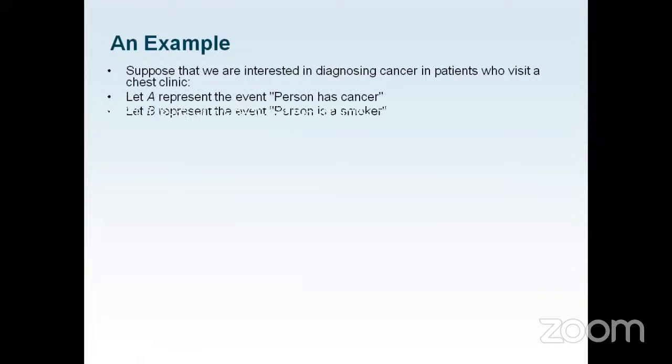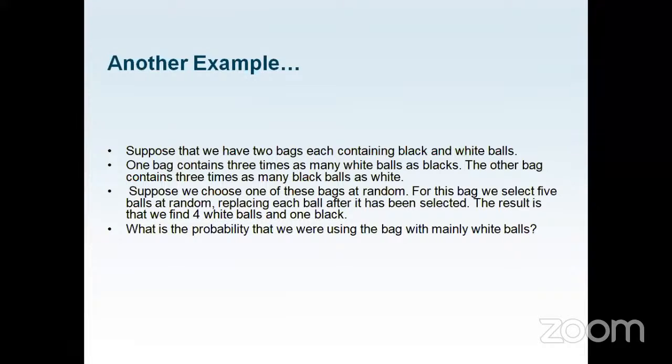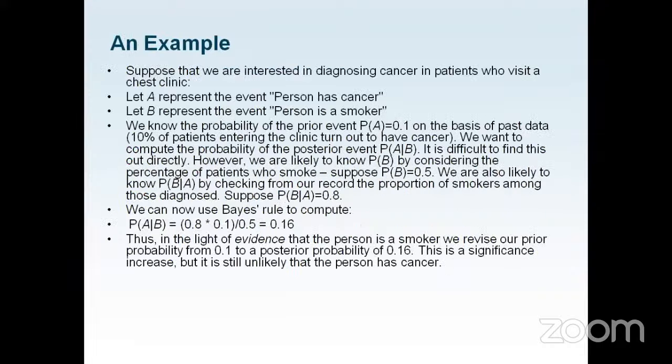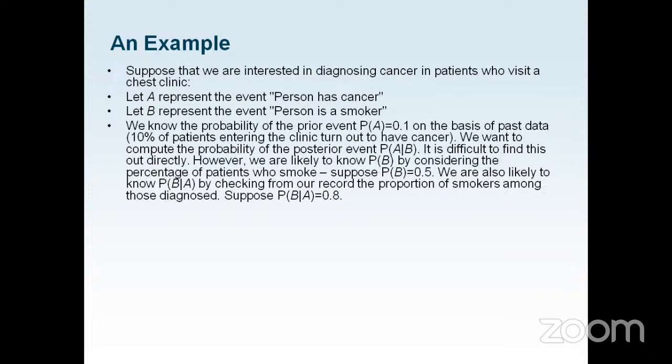Okay, some examples are given here. Suppose that we are interested in diagnosing a cancer patient who visits a chest clinic. Let A represent the event that the person has cancer, and B represent the event that the person is a smoker. We know that the probability of the prior event, that is P(A), is 0.1 on the basis of the past data.